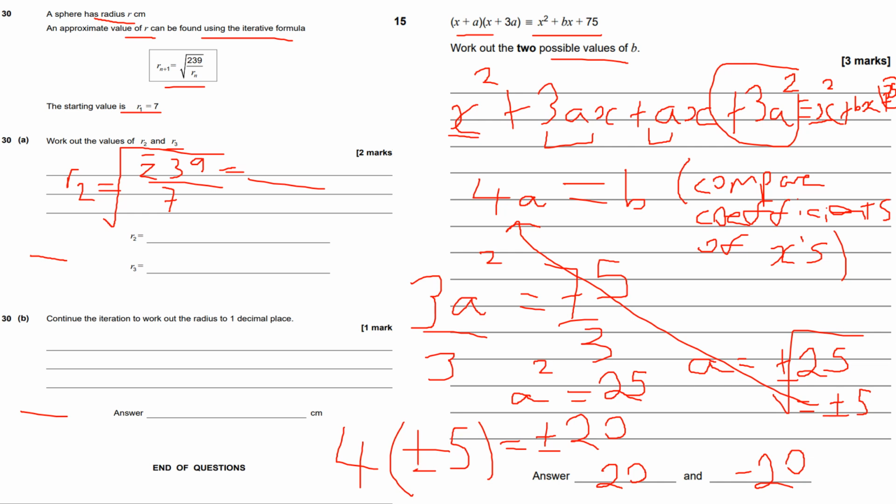So 239 divided by 7. I'm going to get 34.142857142857114.